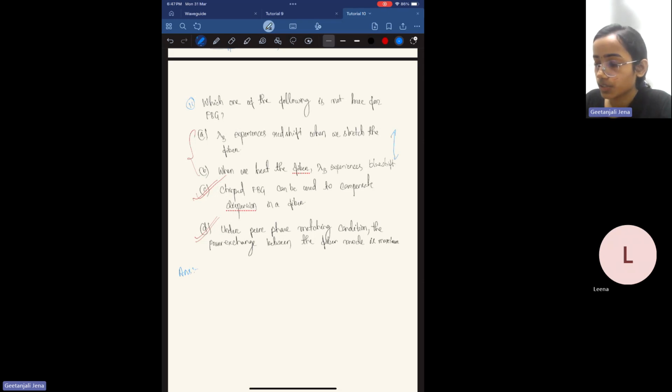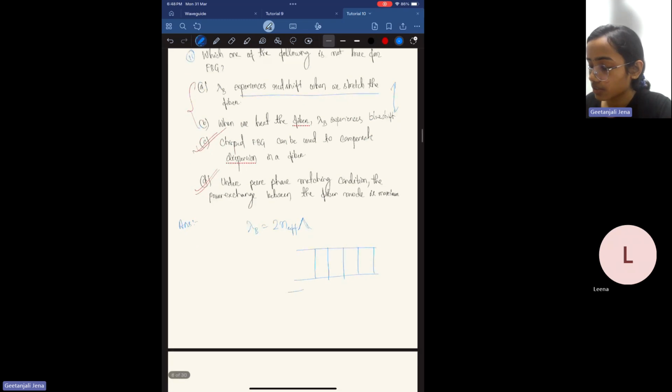So let us see the first one. When we stretch the fiber, the Bragg condition is lambda_B equal to 2 n effective times the grating period. So let us say we have a fiber like this, where the period is like this.